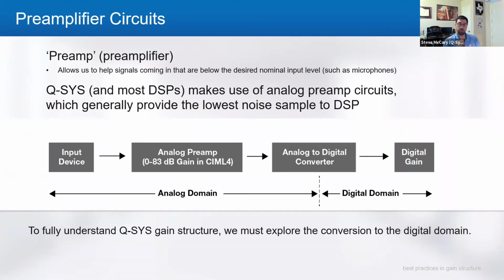So we want to make sure that we have our input level coming in. We're going to tweak it a little bit with that analog preamp, and then we're going to hit that AD converter with a very nice, clean, strong signal so that we will now have something nice to work with once we get inside of our digital domain.